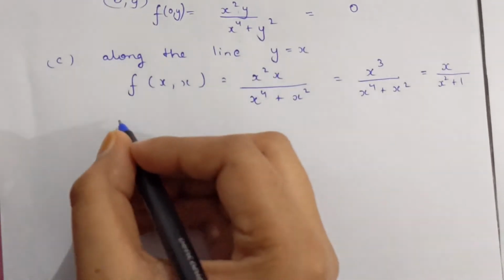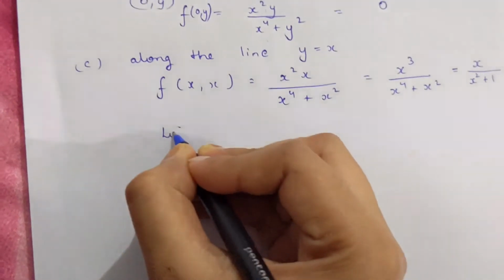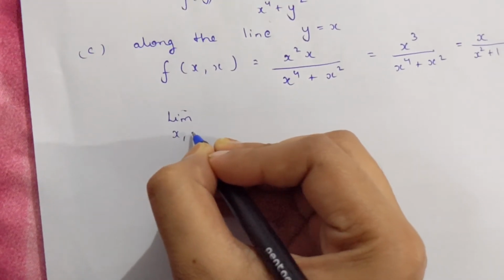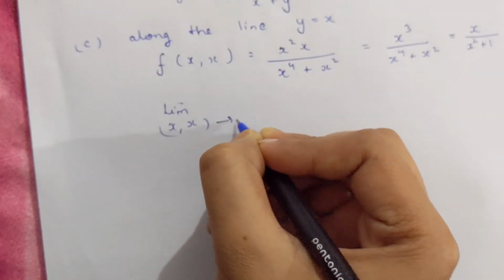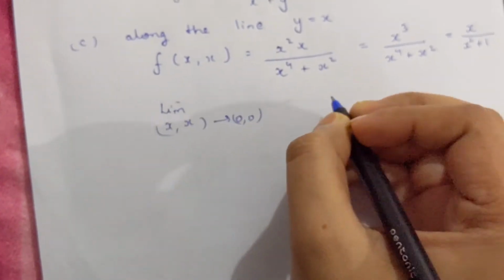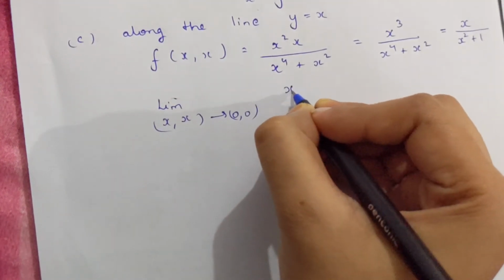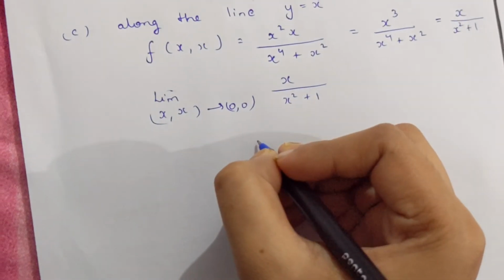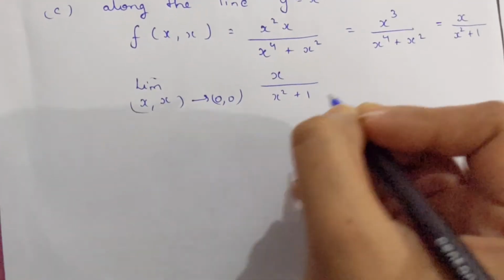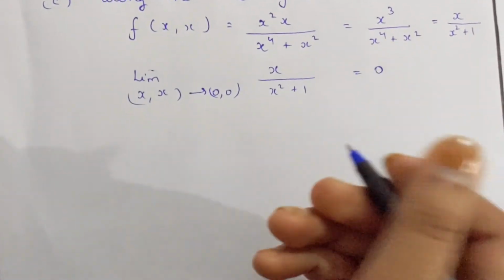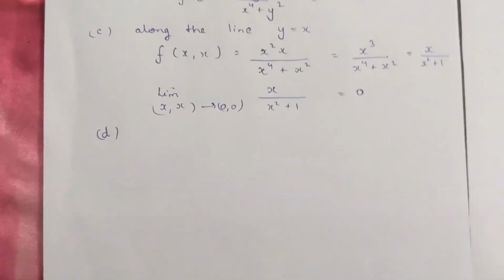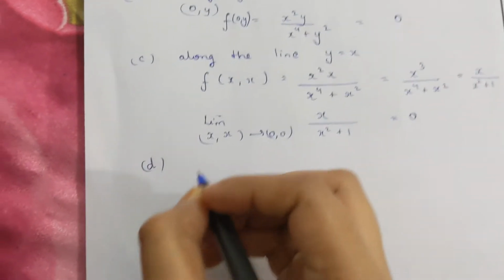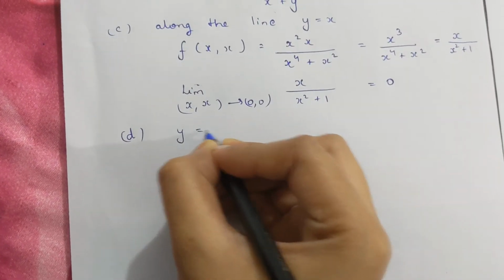Now let's put it in the limit form, which is the limit as (x, y), which is (x, x), tends to (0, 0), and this will be x upon x squared plus 1, and this comes out to be 0 on putting the value.